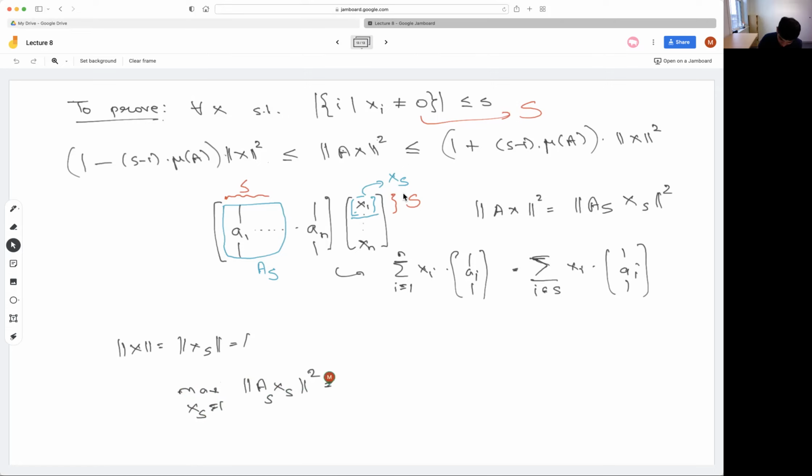We already saw that this is governed by the maximum eigenvalue of A sub S star times A sub S. This is the same sort of computation we did for singular values a little while ago.